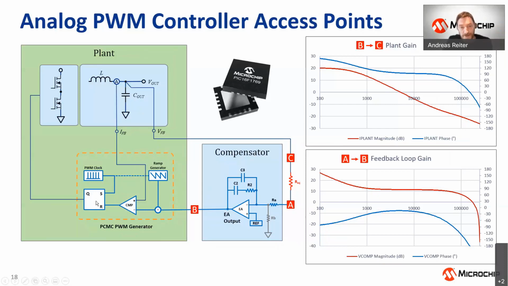And it is required to be part of the plant because this is the so-called PWM gain, which then shows up in the measurement as the DC gain component. And that has a significant influence on where the crossover frequency of that design is. And when you then put plant and feedback loop gain together, that eventually gives you the correct crossover frequency of the open loop gain.